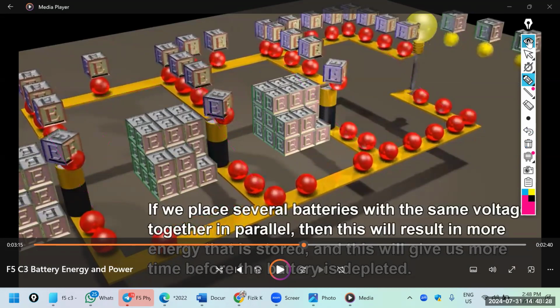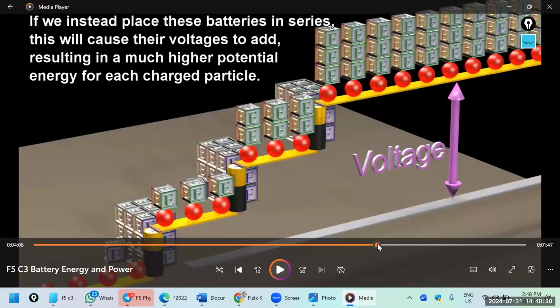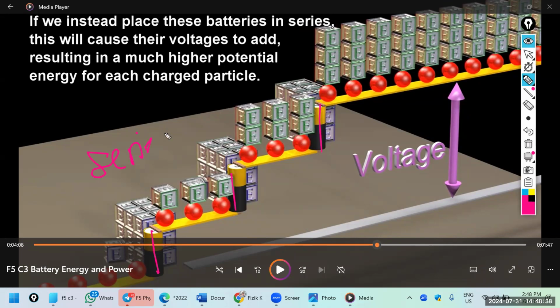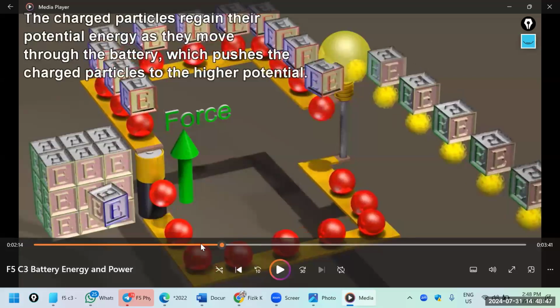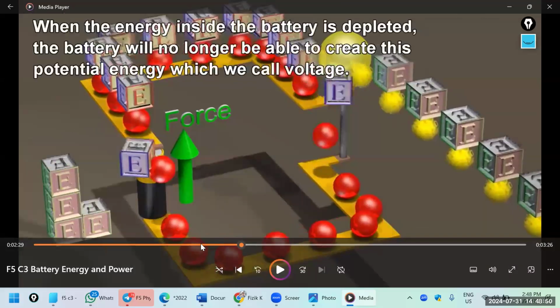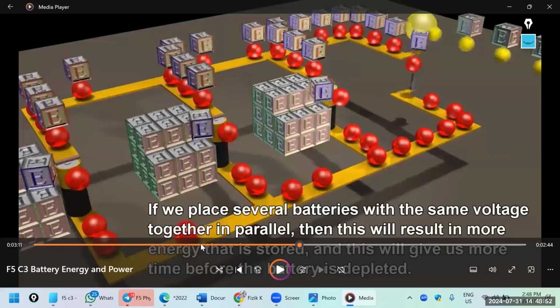When we say voltage increasing, we represent it by using the height. If you connect in series, it will become higher and higher, then more energy carried around, right? But when they are connecting in parallel, you can see the voltage is not increased. The brightness is the same only, right?